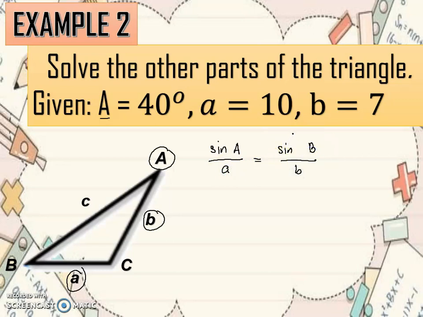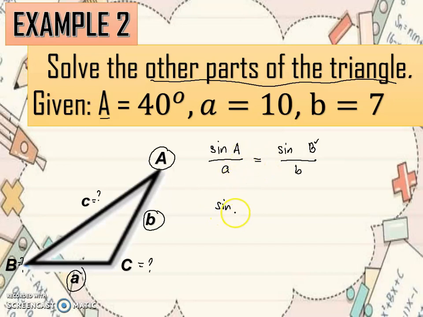And the problem asks us, class, to solve the other parts of the triangle, meaning we're going to solve here side C, angle C, and angle B. So let's start with solving angle B. Let's try now to substitute the given to our formula.